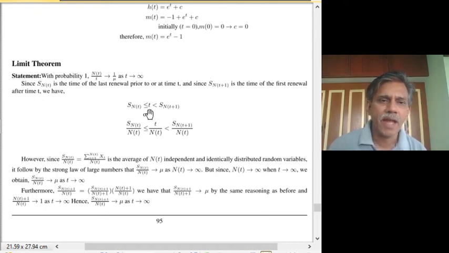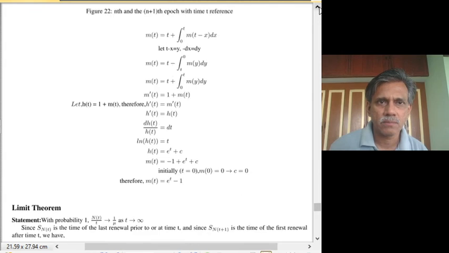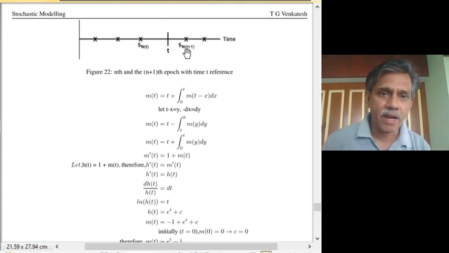Let us take any time t. Then we will look at S_n and S_{n+1}. We can easily see that t should lie between S of N of t and S of N of t plus 1.